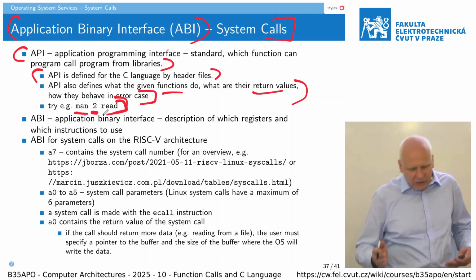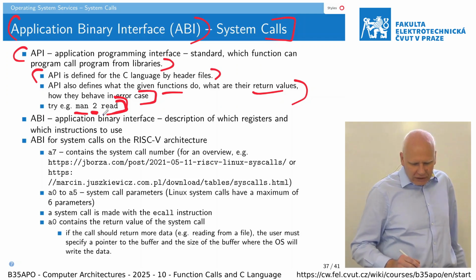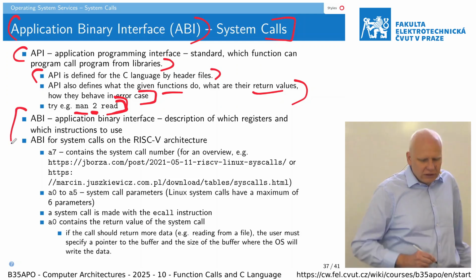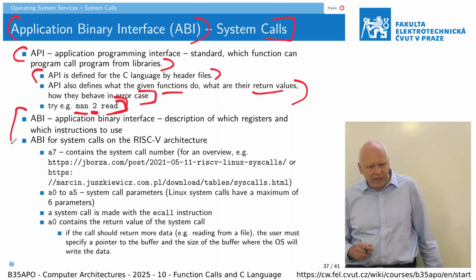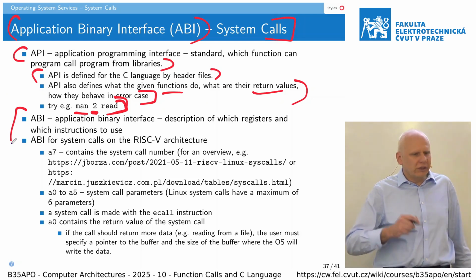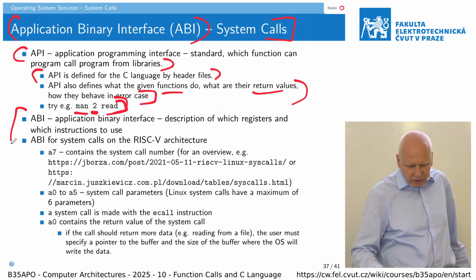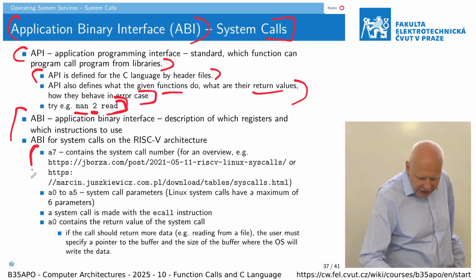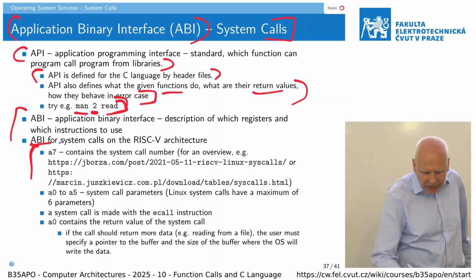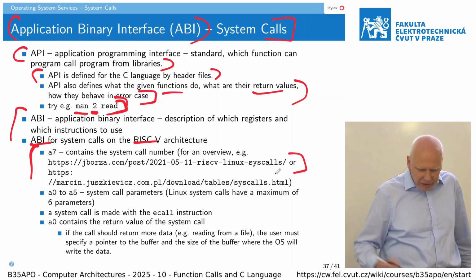Okay, it is a function, but it is mapped to the system call of the operating system. On the other hand, the application binary interface specifies how it is realized through the registers and the instructions of the processor, and the specification of the application binary interface for the RISC-V can be found, for example, here.